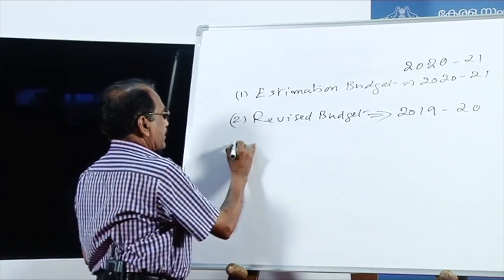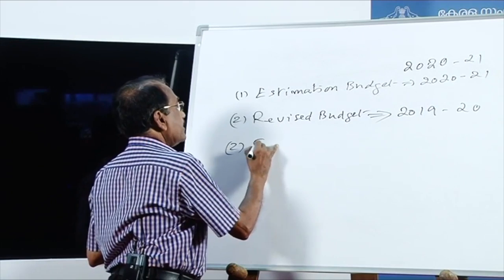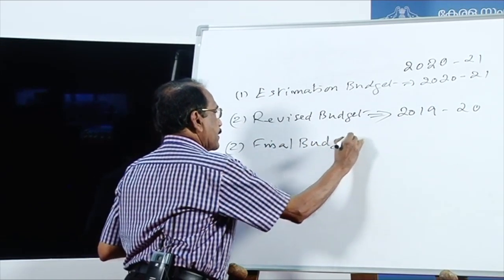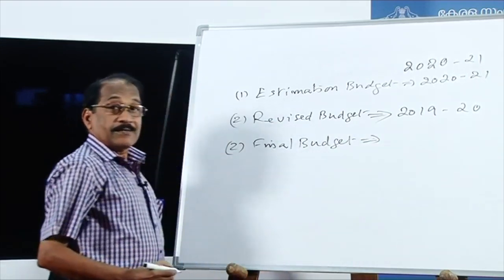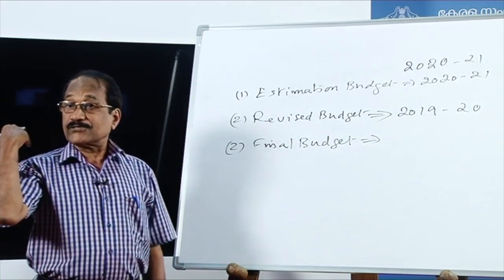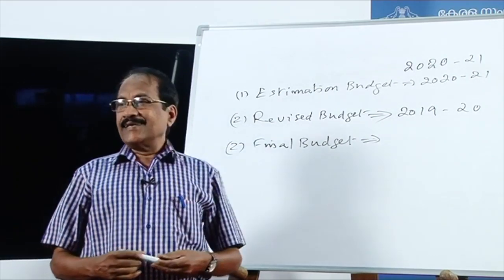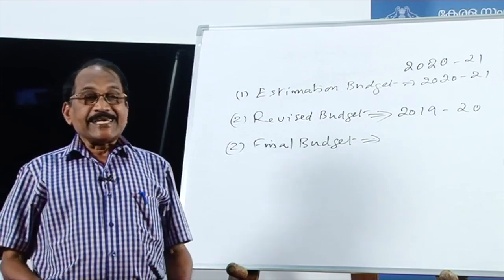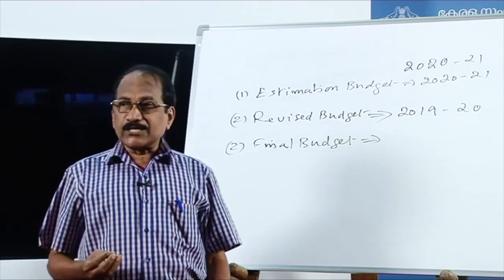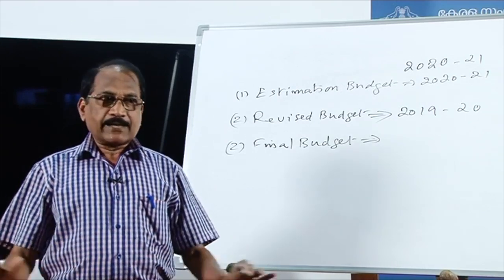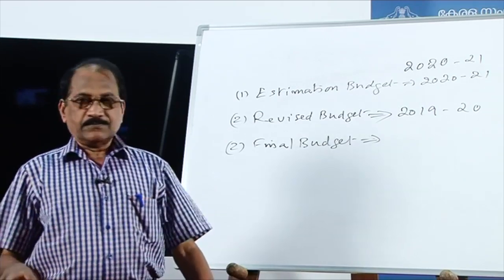One more budget we are presenting, that is called final budget. A final budget is also presented. So, the final budget may be for the previous financial year. The previous financial year is already closed, and for the closed financial year, the exact revenue as well as the exact expenditures on different items we can now make as an account.